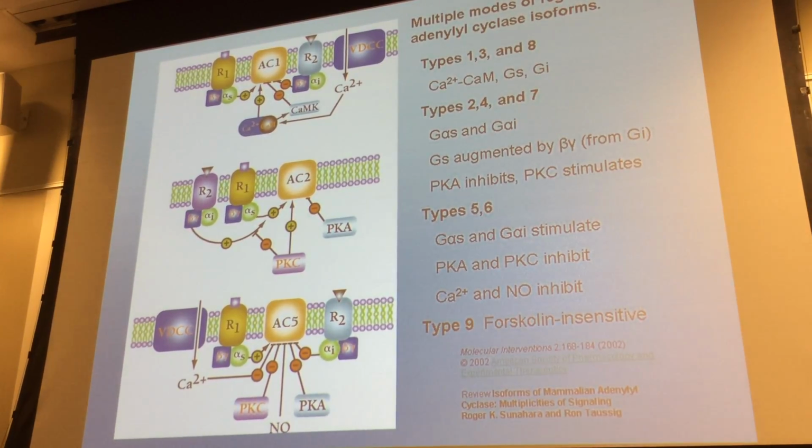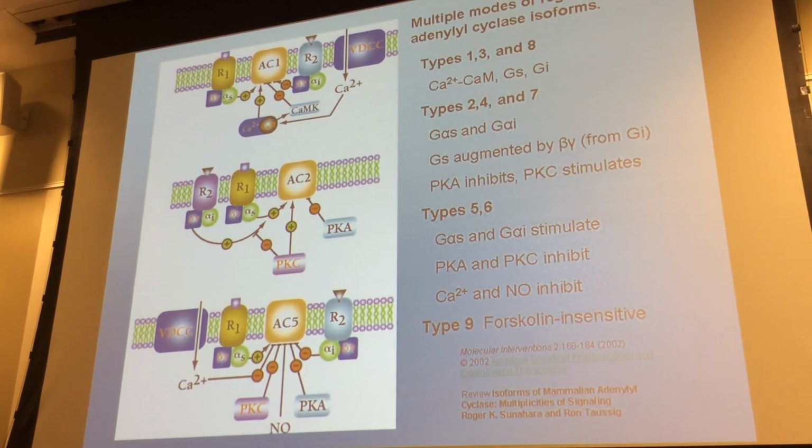But what was synergizing? This is the forskolin with the calcium. Which one of these responds to calcium with a big increase? The first one. 1, 3, and 8. So what kind of adenylyl cyclase does this cell have? Calcium calmodulin-sensitive. Mm-hmm. Yes.